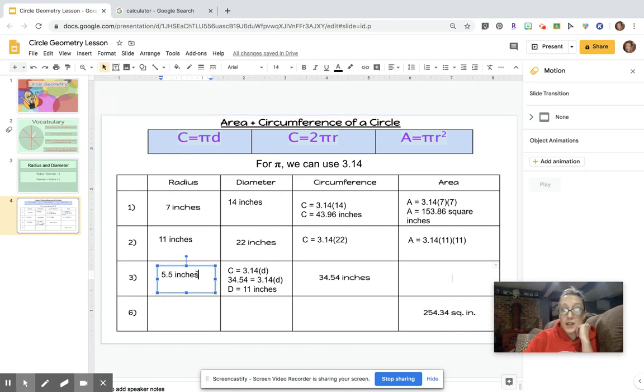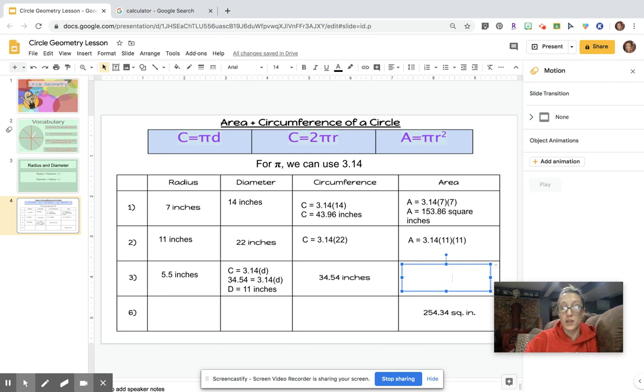Now that I have my radius, I can use that in my area formula here, right? Remember, my area formula is pi, which we're using 3.14, times the radius times the radius.